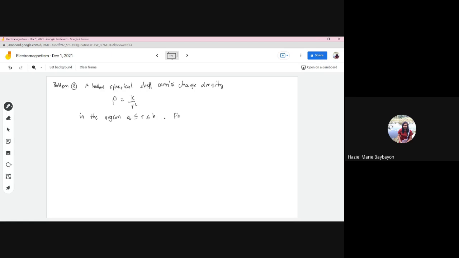So find the electric field in the three regions.